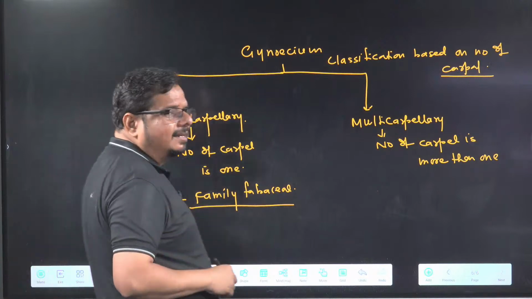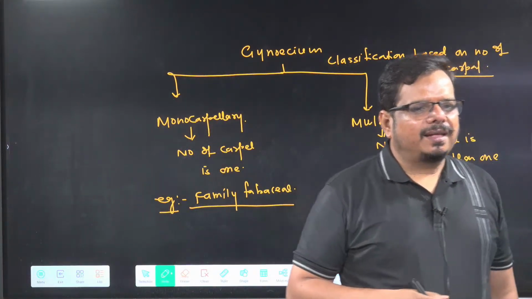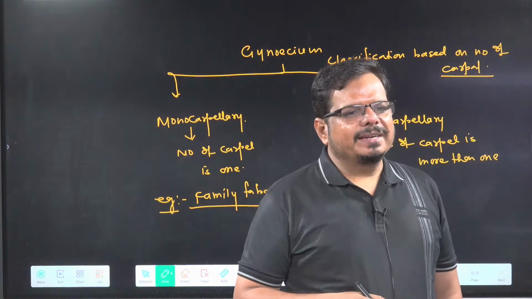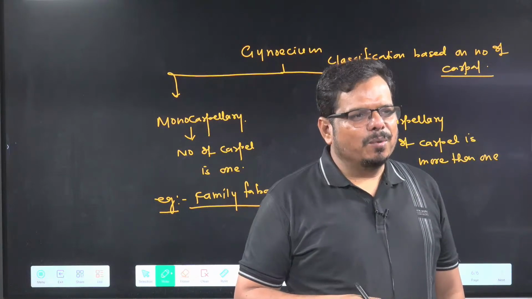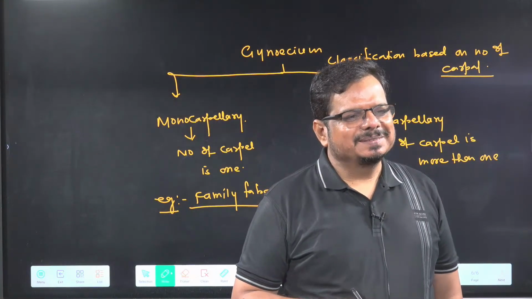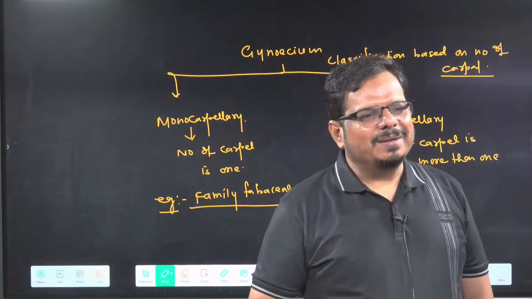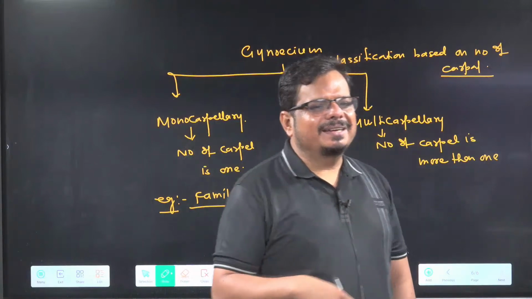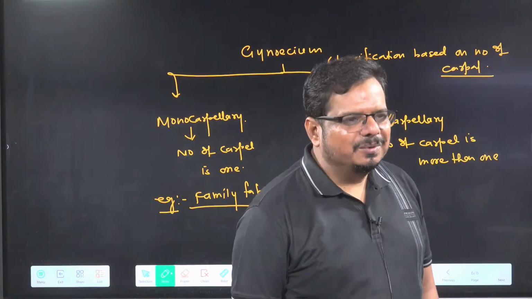Is it written anywhere in NCERT, one carpel? When you read fruit, in fruit it is written, na? Drupe. In drupe, you read mango, is it given as monocarpellary or multicarpellary? In drupe, mango or coconut, is it monocarpellary or multicarpellary? Open your NCERT, it is always better. So connect it. It is monocarpellary.